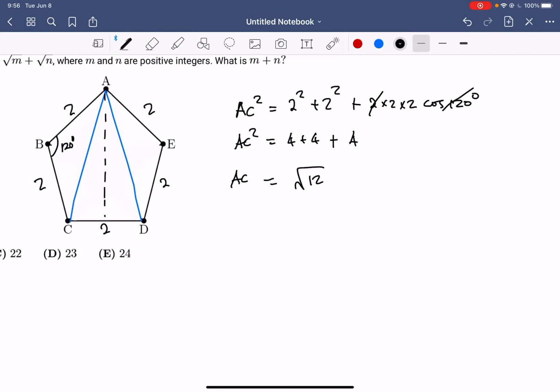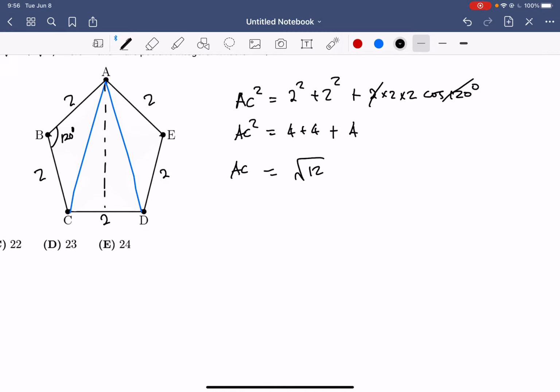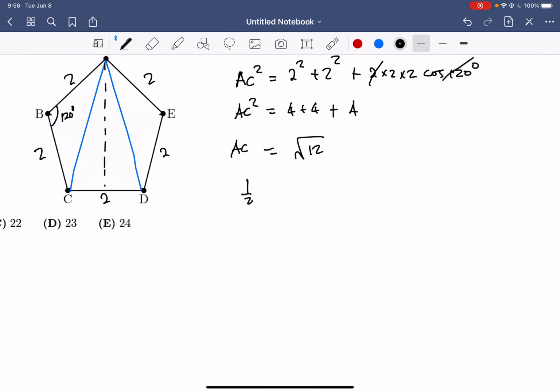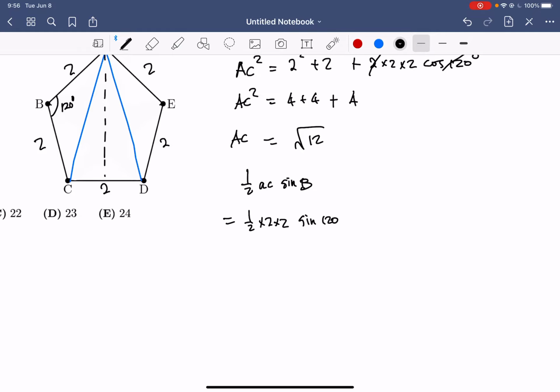If we calculate the area of triangle ABC, it will be 1/2 AB sine C, or you can use other formulas as well. Actually, it should be our length B, so 1/2 times 2 times 2 times sine 120 degrees, which is root 3 over 2.